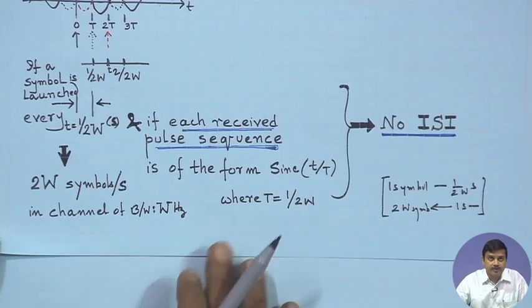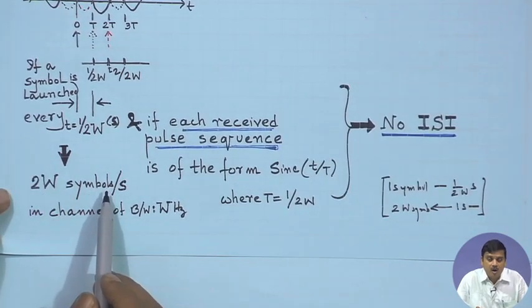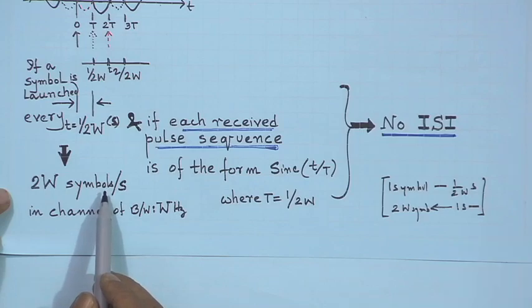We have just stated the same thing in a slightly better way, because we started off with 2W symbols per second, which sounds a bit odd. It is better to say that if I want to send Rs symbols per second, what is the bandwidth required? Both are valid, but this is just another important view.